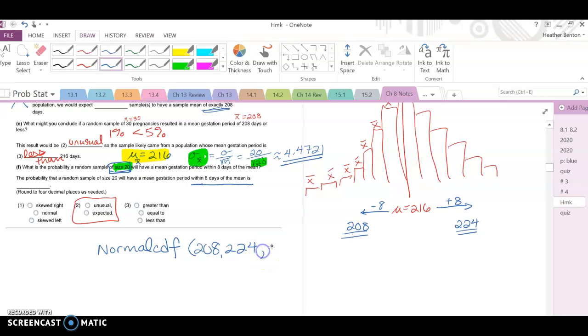Our mean hasn't changed, it's still 216, but our standard deviation now is 4.4721. And I put that in my calculator, and that comes out to 4 decimal places, 0.9264. All right, and that is problem number 4.